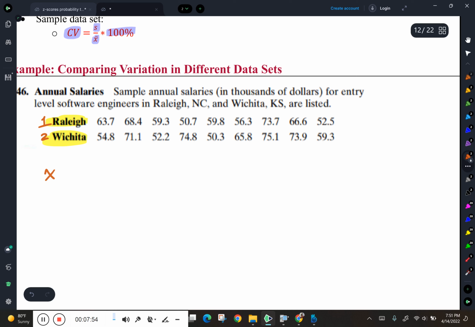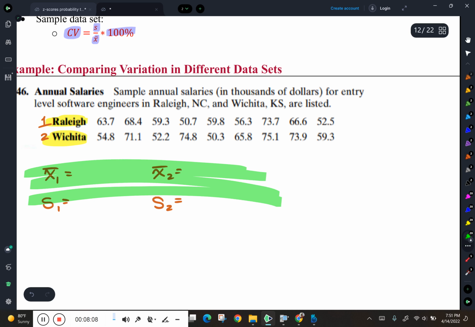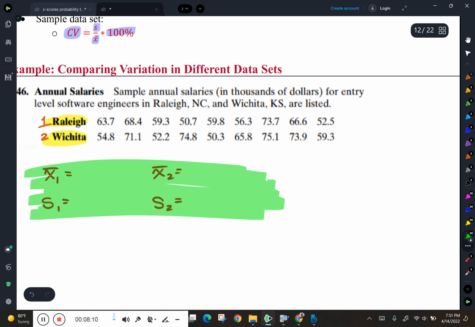I'm going to find a mean sub 1 and a standard deviation for 1, a mean for 2 and a standard deviation for 2, and then I'm going to use these values right here to compare and to talk about these two data sets.